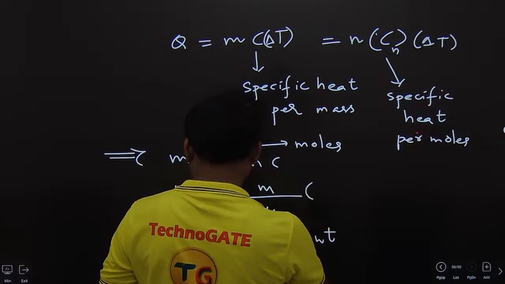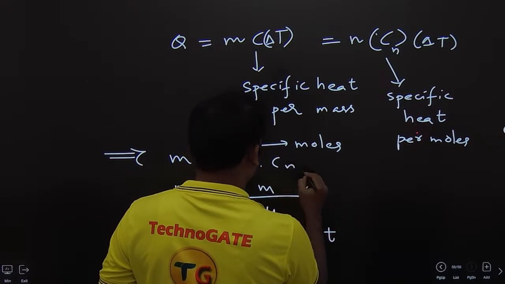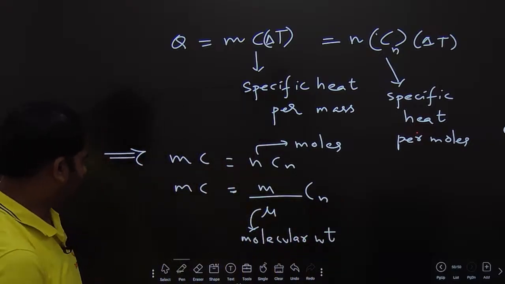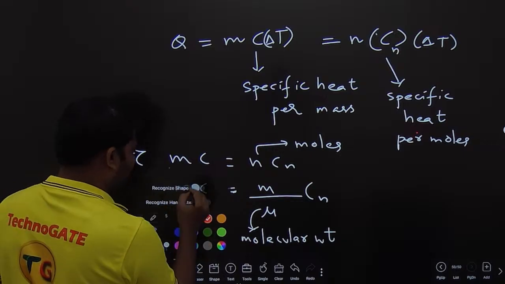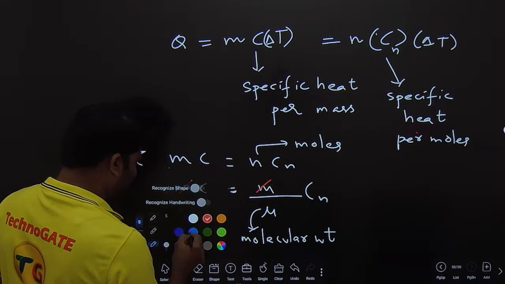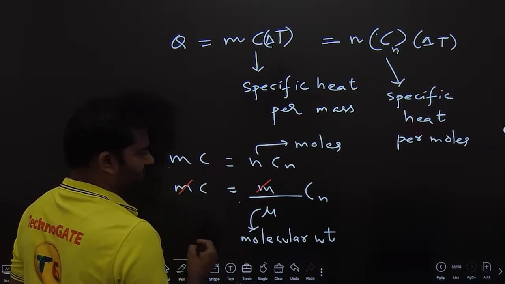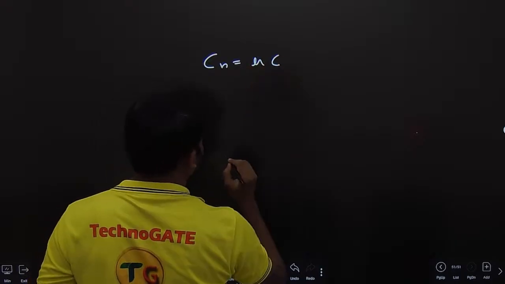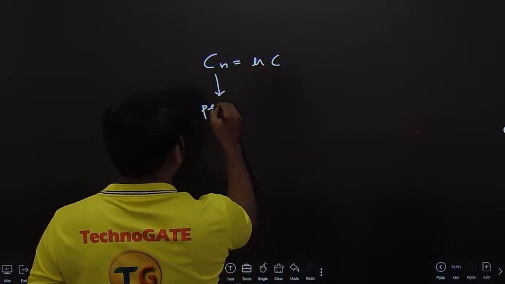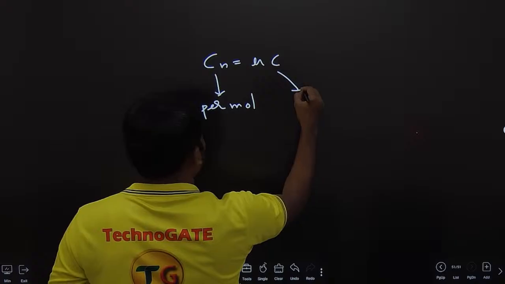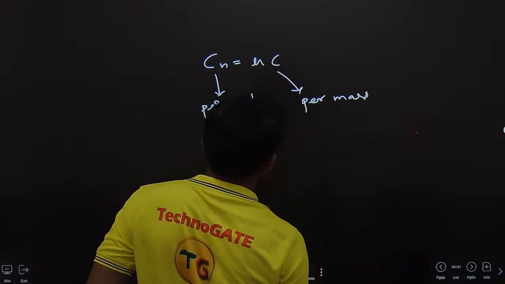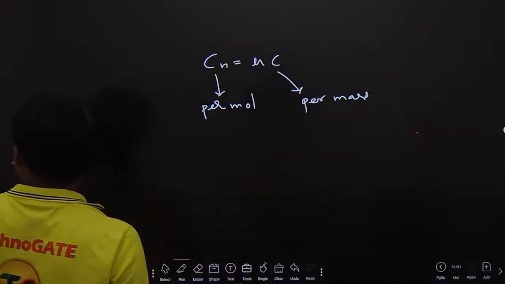C suffix V is specific heat at constant volume, so I am putting it for molar. So from this we can cancel out this M, and we will be getting this value C_n is equal to mu C. So this is per mole, this is per mass. In this question if you see the data, both are given.